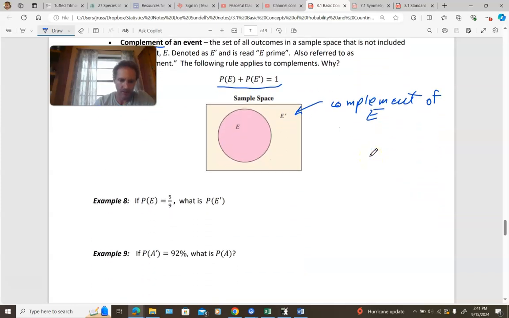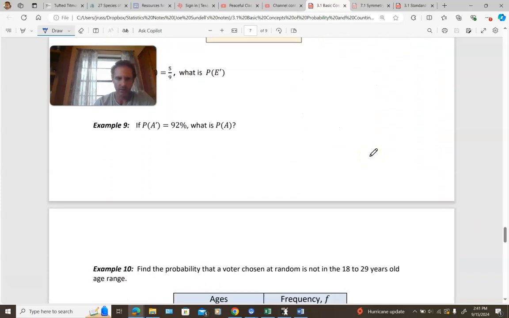Okay, let's look at some examples here. Example A says, if the probability that E occurs is 5/9, what is the probability of E complement, or E prime? In other words, what's the probability that E does not occur? Well, one way you could think about this, guys, thinking back to that equation, is that the probability of E plus the probability of E complement has to equal 1.